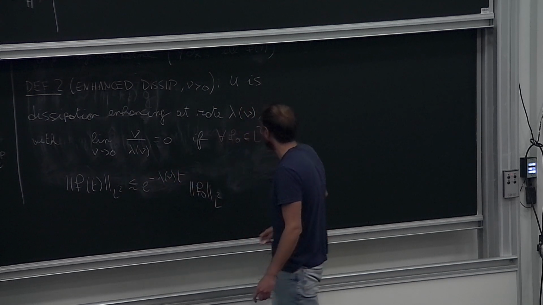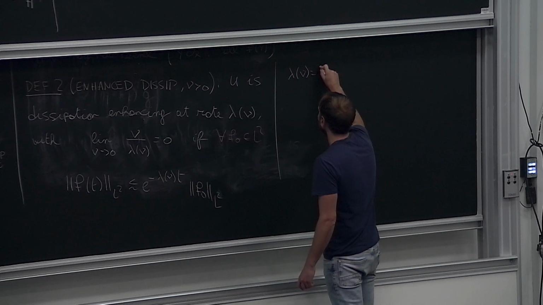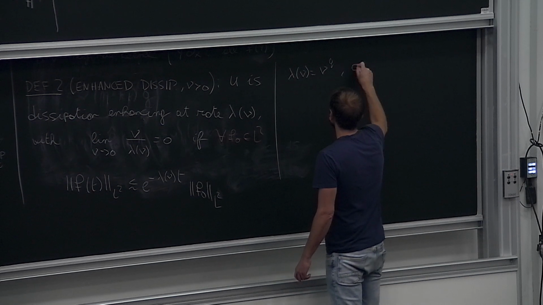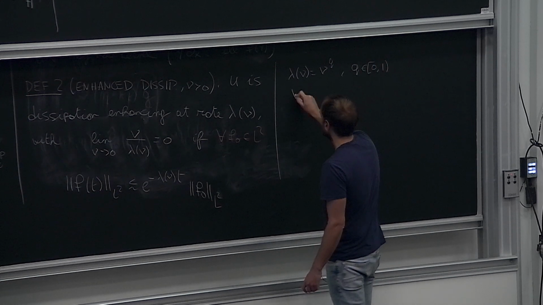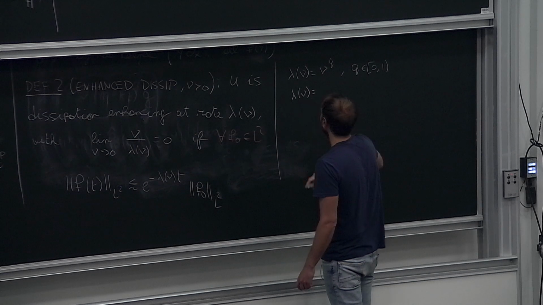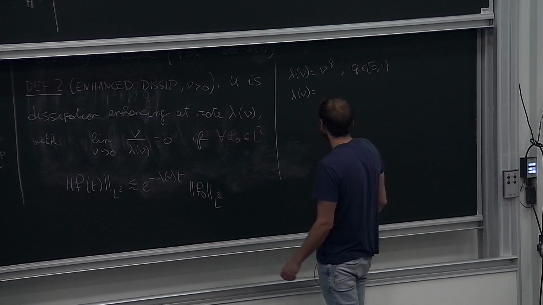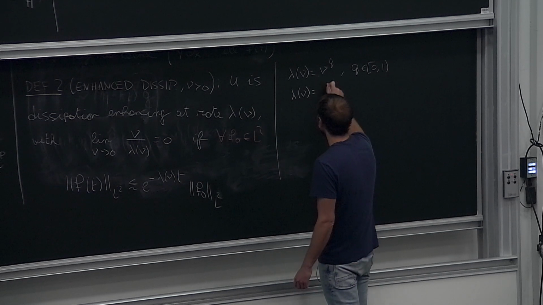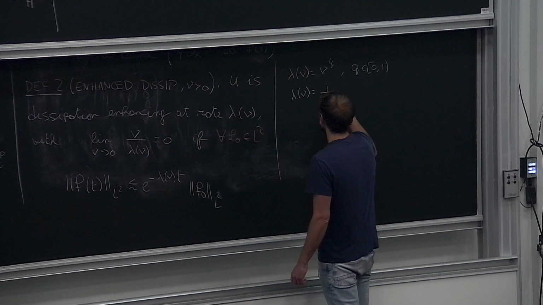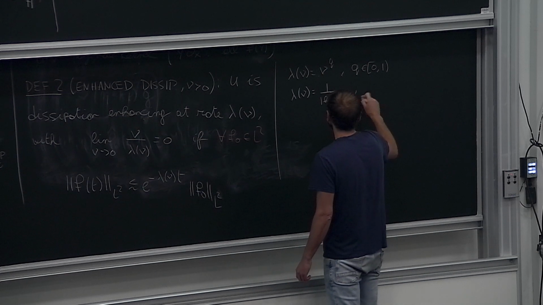Okay? So again, here the examples are lambda of nu, maybe nu to some power q for q between 0 and 1. Or lambda of nu can be, maybe there is a constant here, but let me just think about the dependence on nu, say 1 over log nu to the q, let's say.